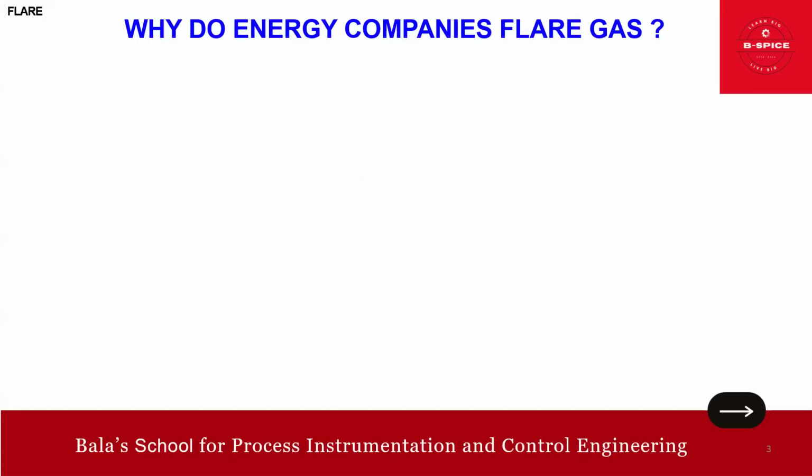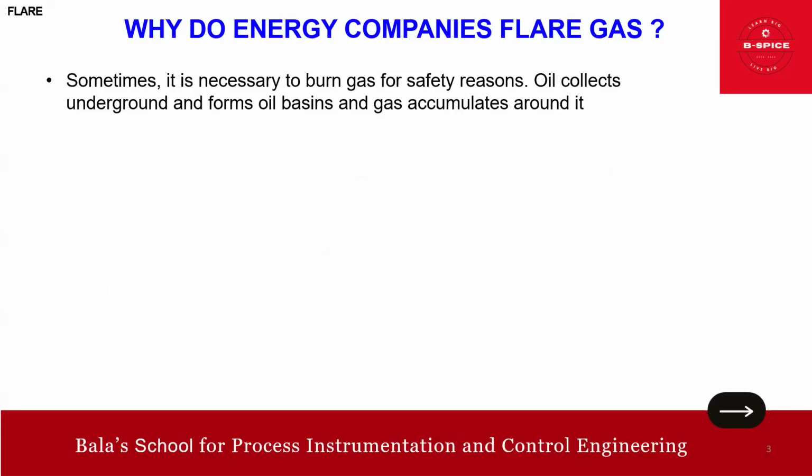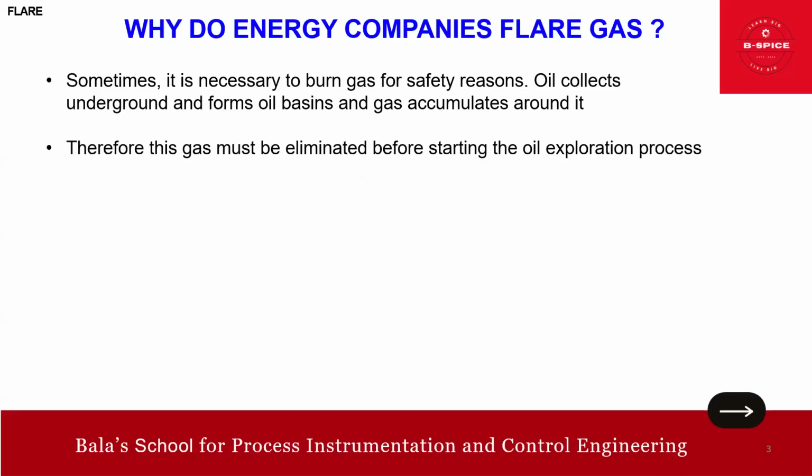That's about the intro. Now, we'll answer some questions. Why do energy companies flare gas? Sometimes, it is necessary to burn gas for safety reasons. The oil collects underground and forms oil basins, and gas accumulates around it, right? Therefore, this gas must be eliminated before starting the oil exploration process.